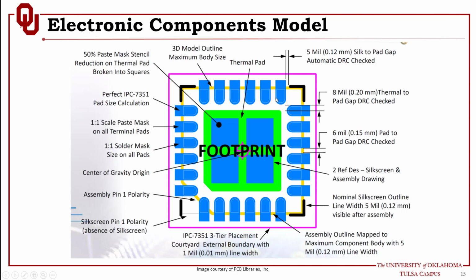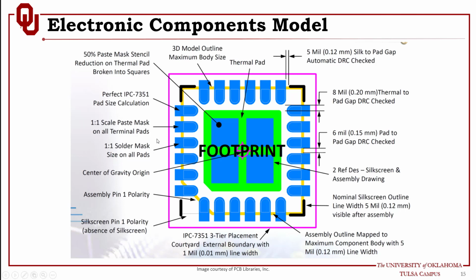So when you create a footprint, you need to define the mechanical layers you want to use to put the 3D model, the courtyard, and also the assembly layer. As you can see here, this is based on the IPC 7351 standard.